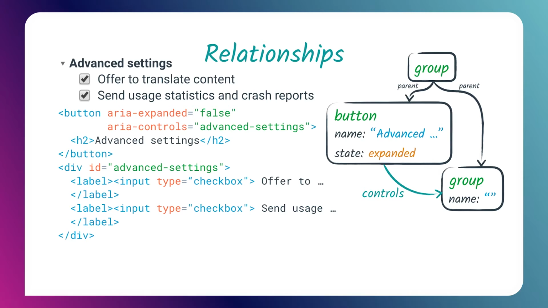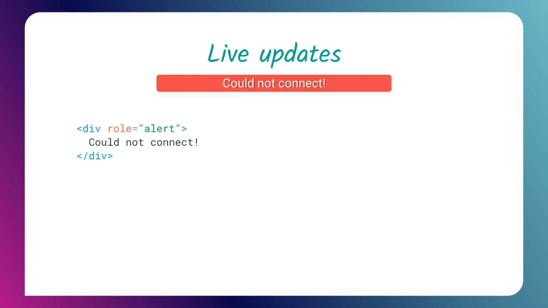It does this in the form of a disclosure widget. You can see here where it says advanced settings. We've specified using ARIA controls that it's controlling this group of elements down here for these advanced settings checkboxes. So even though they're not parent-child, they're more like siblings, we can create this new relationship indicating this element over here controls that element over there, which is really cool.